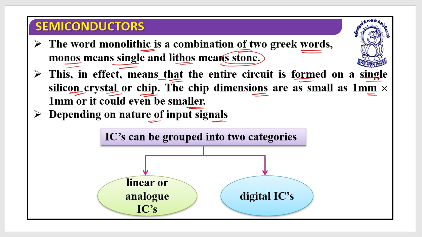Depending on the nature of the input signals, ICs can be grouped into two categories. One is the linear or analog ICs, and the other is the digital ICs.